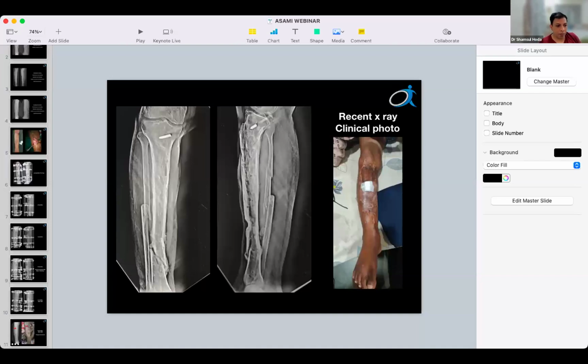So that can be considered, but I don't think it's needed in every case. Many a time the frank infection is at the non-union site, and there is biofilm along the tract, but it may not be a frank infection. So after 4 to 6 weeks, if everything is settled and CRP is okay, then I think it is safe to go in for a corticotomy.